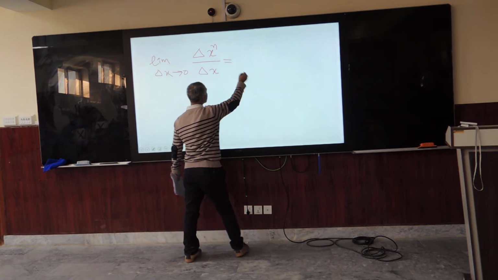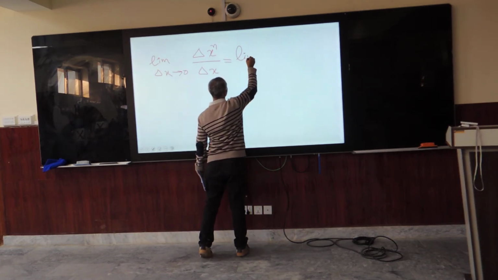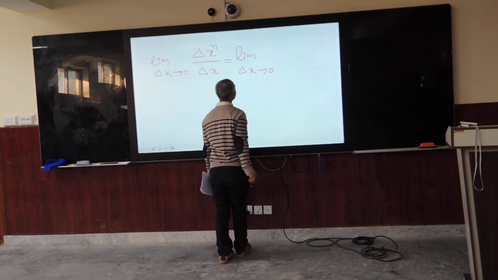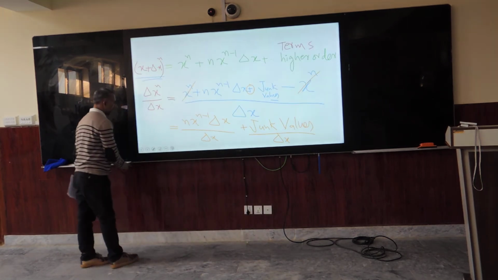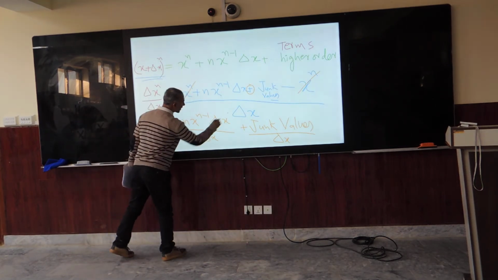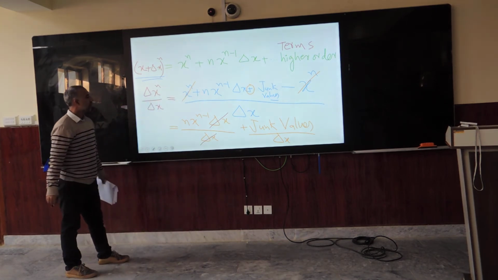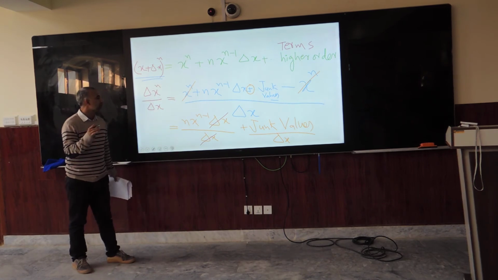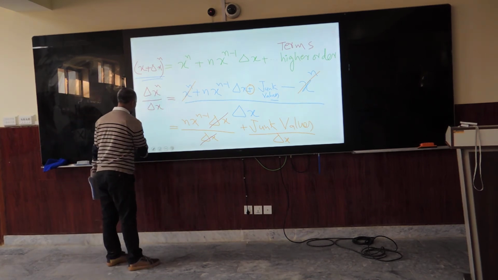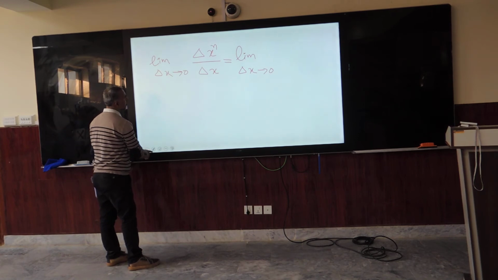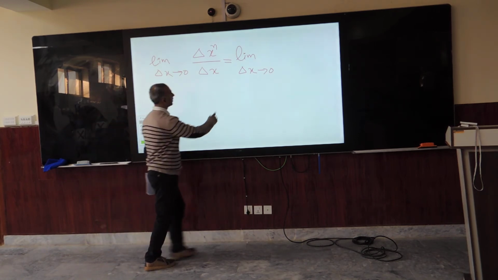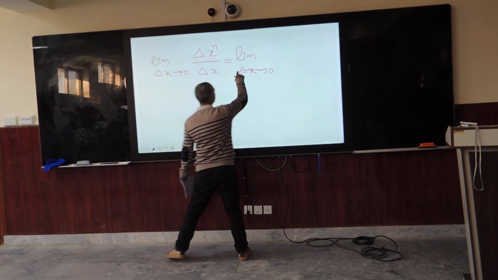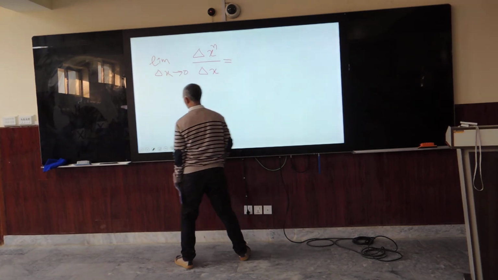Similarly on our right hand side, limit delta x approaches 0. And see here in this equation, delta x can be cancelled with delta x. So here there is no delta x, so there is no reason not to apply the limit, because in the remaining part we do not have any value of delta x.